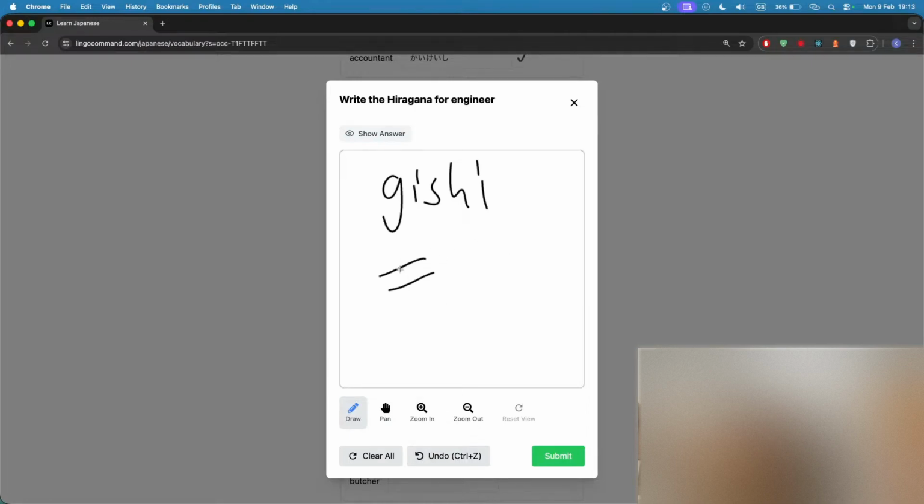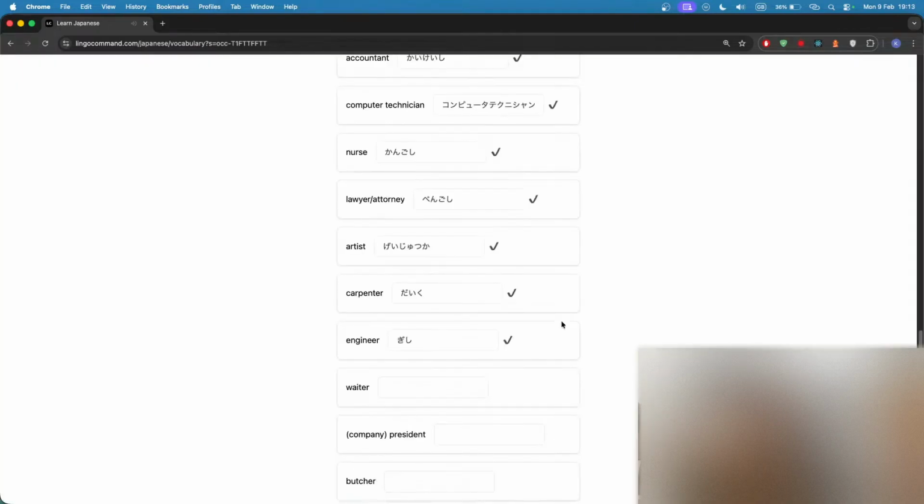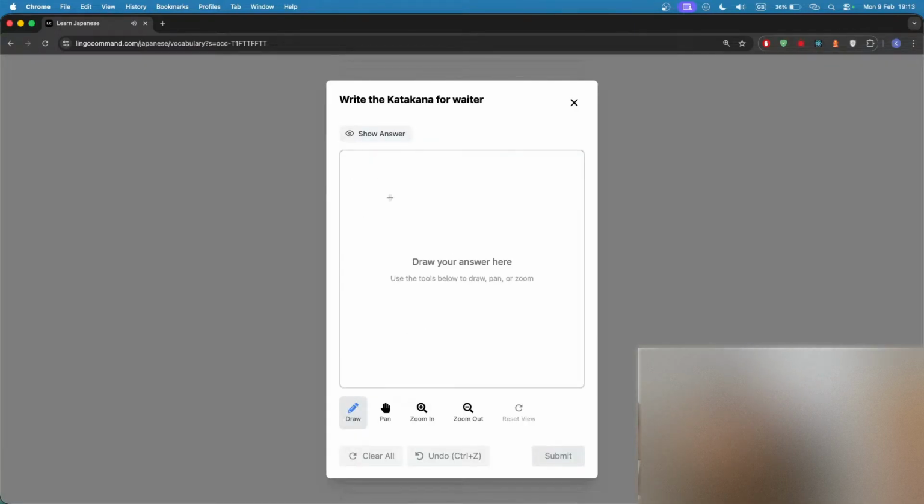Let's try and write that a little bit more neatly. We are applying dakuten because K goes to G, so we need gi. And then this is shi. And then waiter, this one's kind of tricky, right? So I think you start with full-sized u.